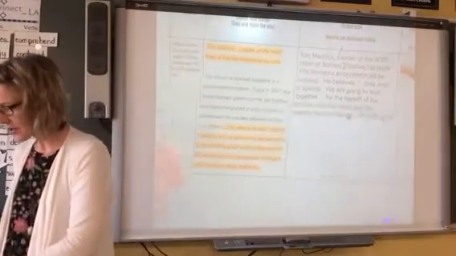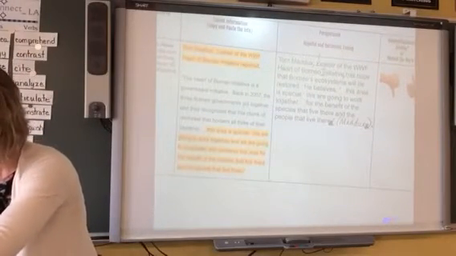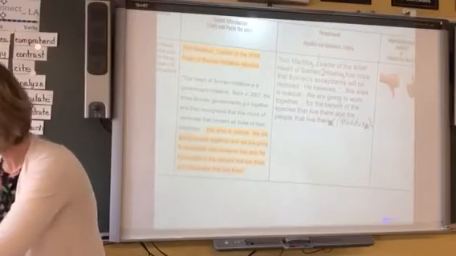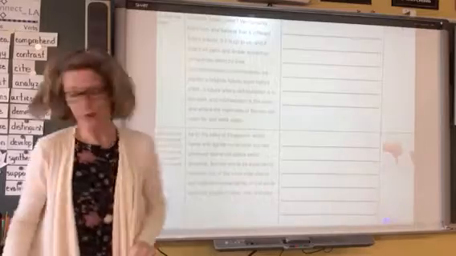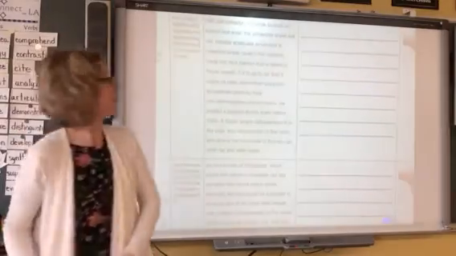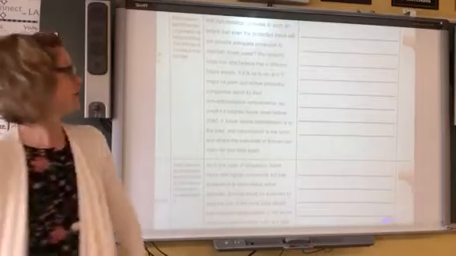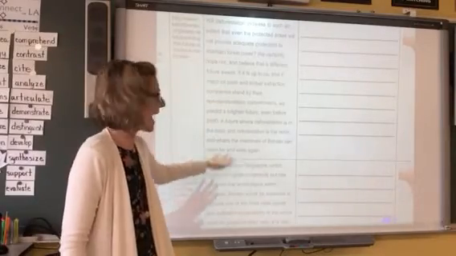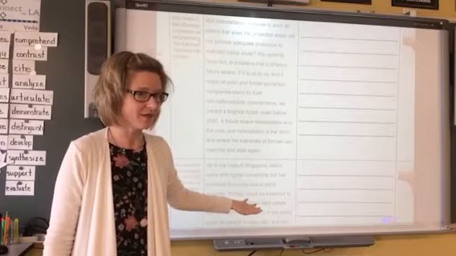All right, let's go ahead and look at the next 2 examples. And what I would like for you to do is take just a minute and read through that quietly to yourself. And then I want you to highlight in those, what do you think is the happy, hopeful ending?